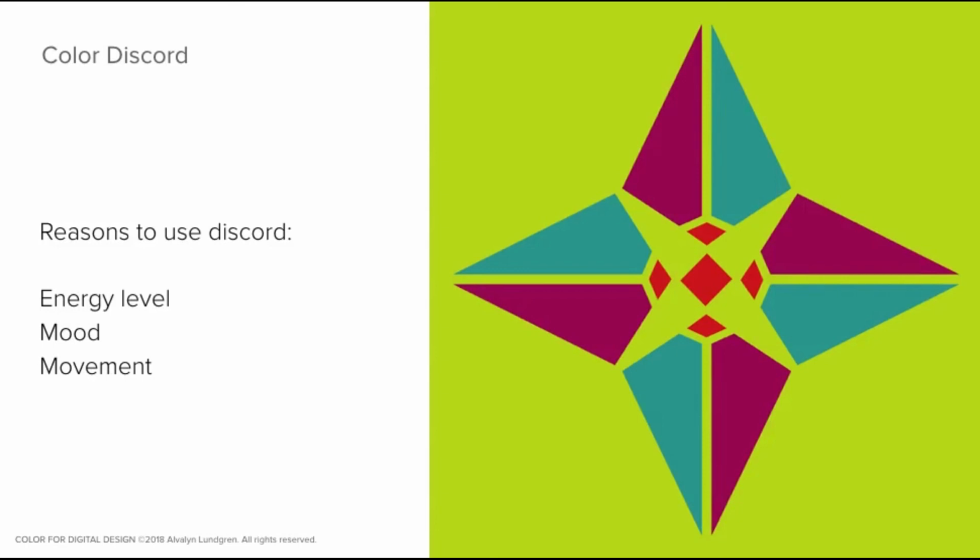When you want to create a certain kind of energy, or a certain mood, or a certain kind of movement. So this is a very simple, almost compass rose design. It uses very non-traditional colors. A very warm cyan blue uses a very vivid red, very warm red. It uses a warm red-violet against a yellow-green.